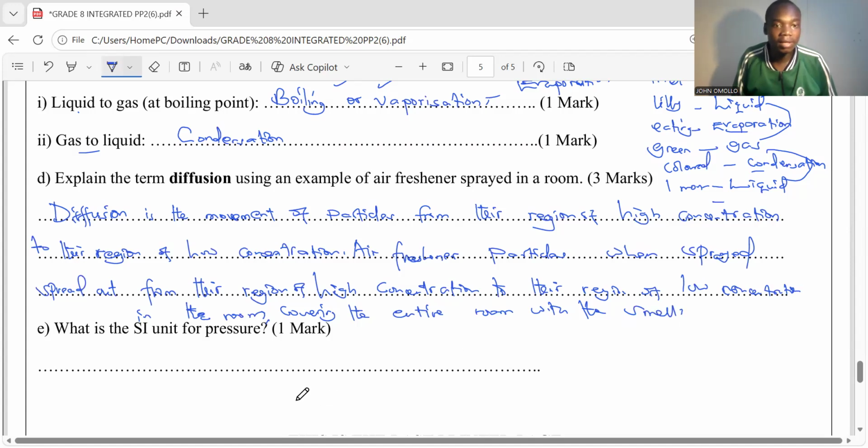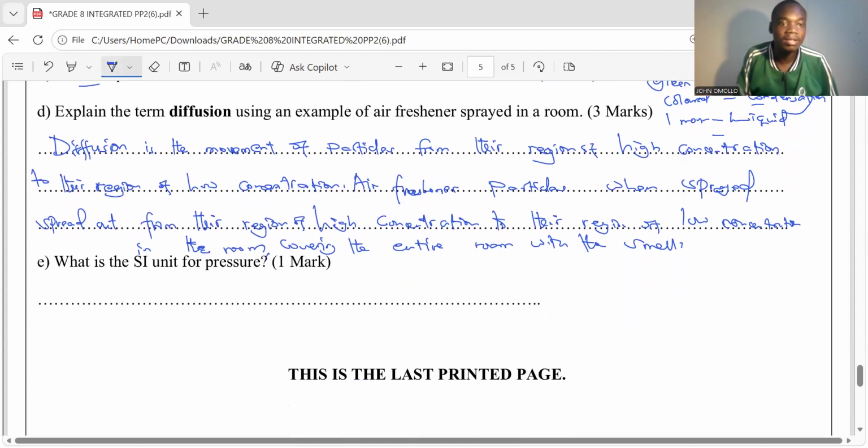Next, what is the SI unit for pressure, which is the last question. The SI unit for pressure is Pascal, capital P, small a, or Newton per square meter.